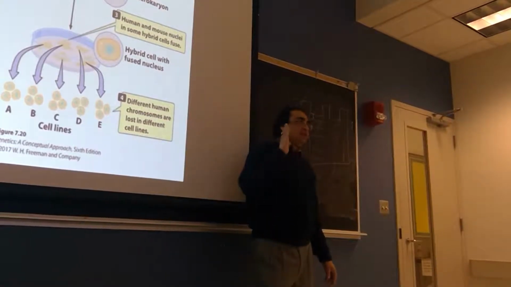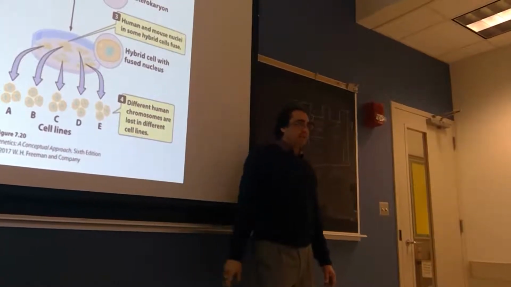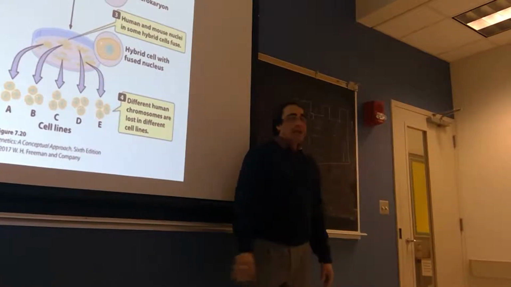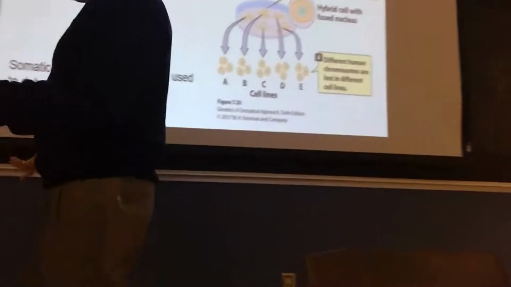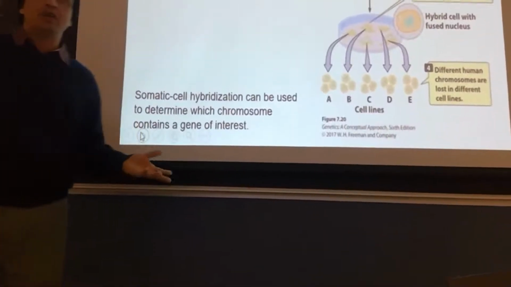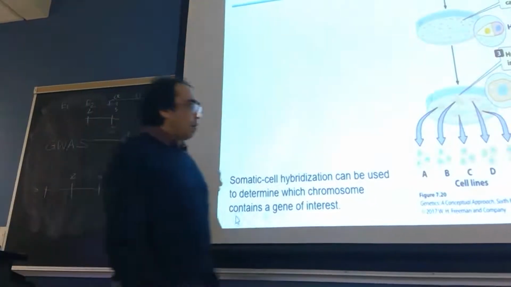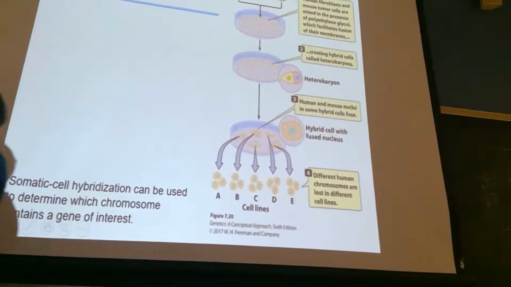No. Generally, human chromosomes get lost from that cell. Mouse chromosomes remain. After a couple of generations, we don't know which chromosome will be lost and which will stay.